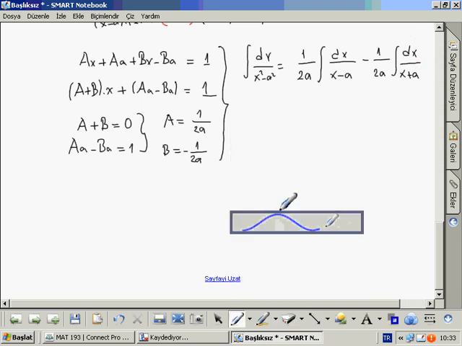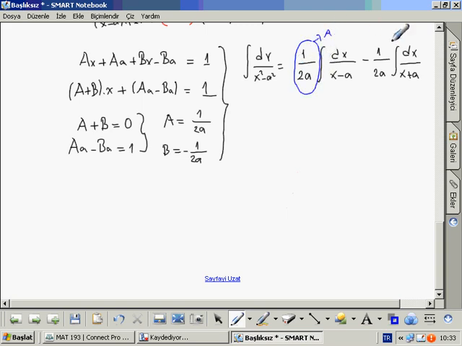And look at these two parts. This is capital A, and this part is capital B, and so it's equal to 1 over 2a ln of absolute value x minus a over x plus a plus the integration constant.